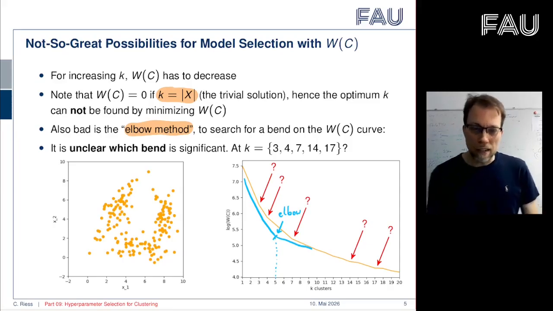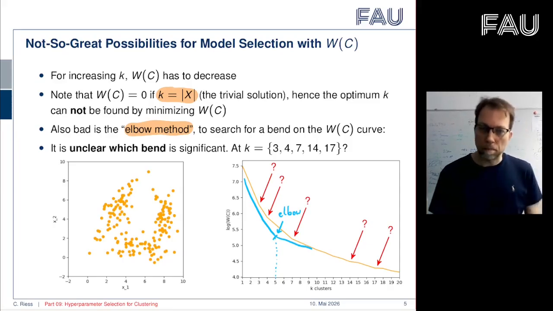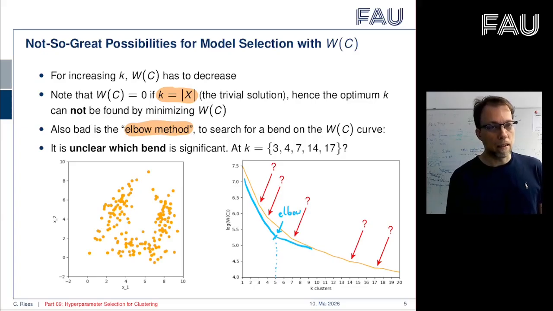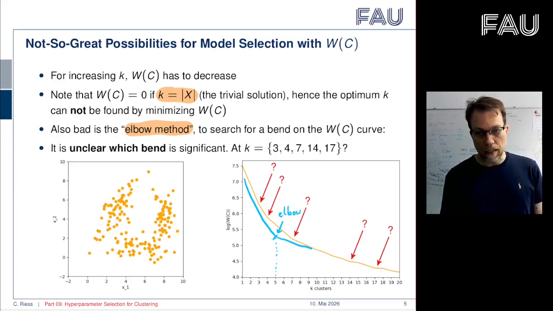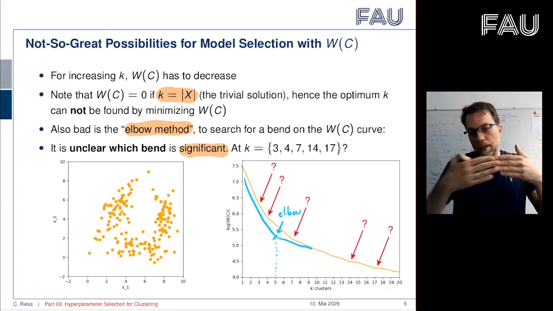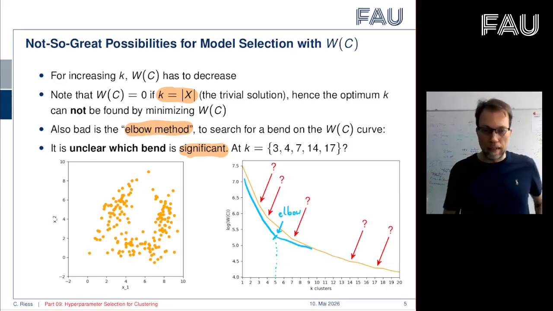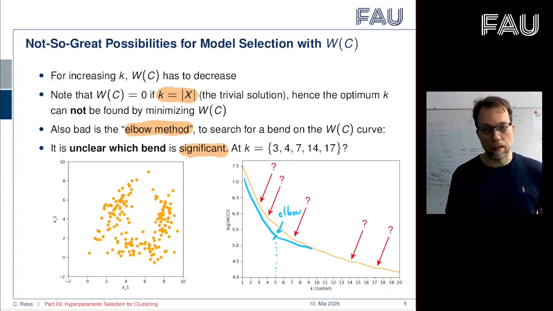This may work in some extreme cases, but in practice it's just a problem because it's not really clear which of these little edges there is a significant bend in the progress of that within cluster distance for increasing numbers of clusters.